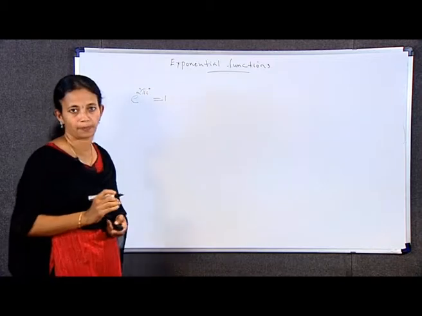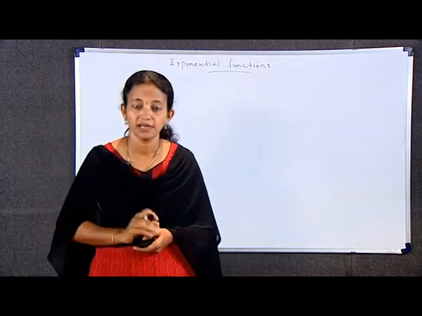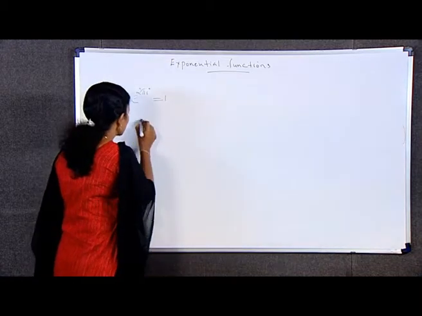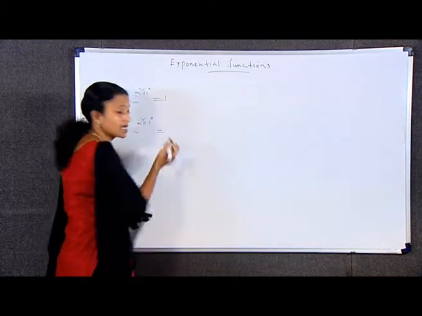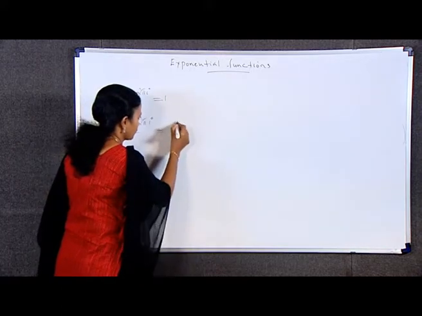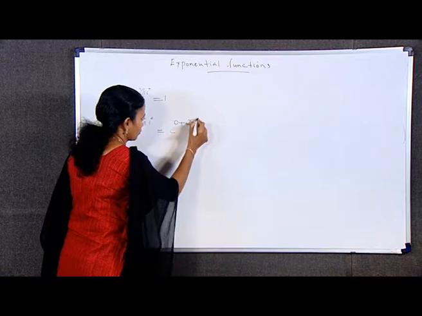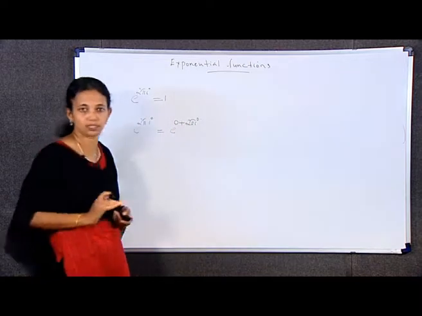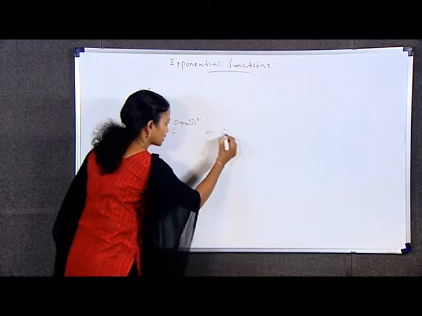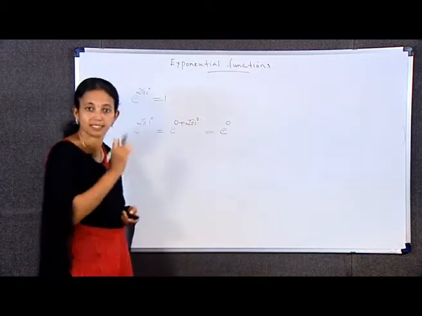This follows from the fact that e raised to 2 pi i can be written as e raised to 0 plus 2 pi i. Here the real part is zero, that is, our x is equal to 0.